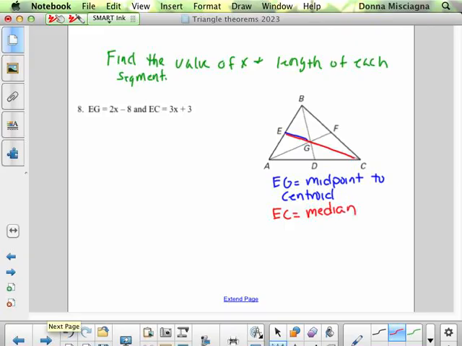All right, so let's write this both ways, and then we'll see which equation looks easier. All right, so we're going to write it first from EG's perspective. So EG is how much of EC? Or from EC's perspective, EC is how much of EG.